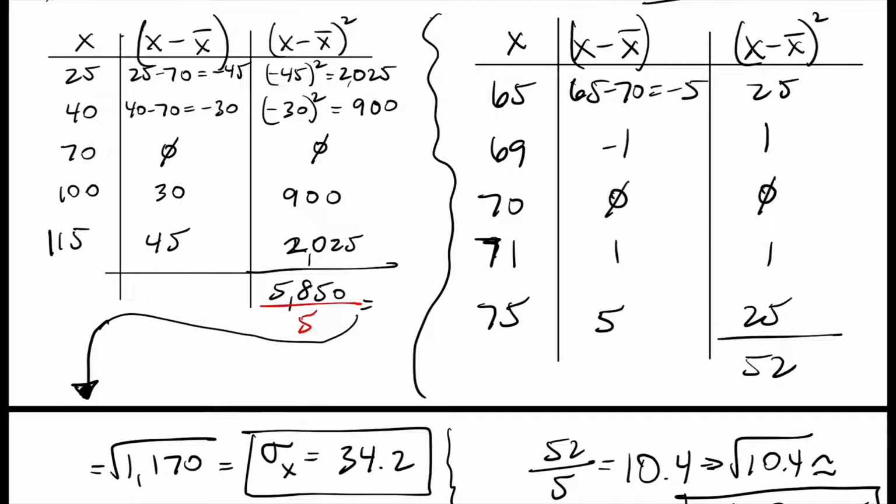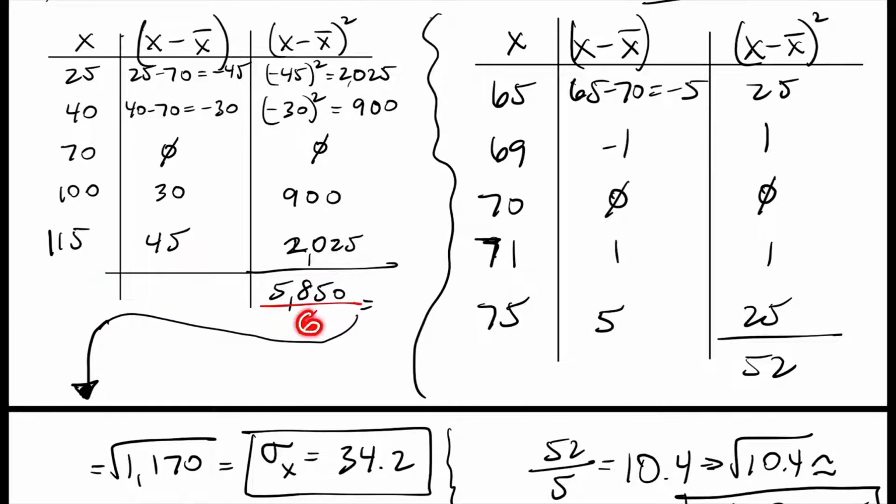Who wants to give me an answer? There are a lot of answers, so not just one. Okay, yeah, Justin. 70. Why 70? Yeah, 70 would definitely make it go down. If I add 70 in here, how far is that away from the mean? 0. Add 0.